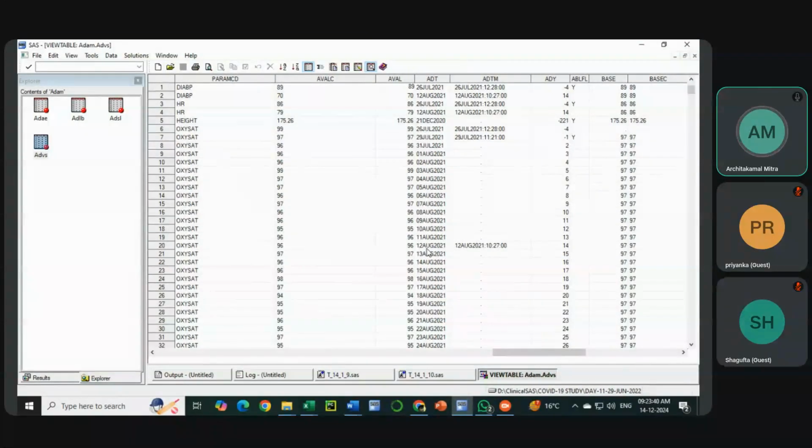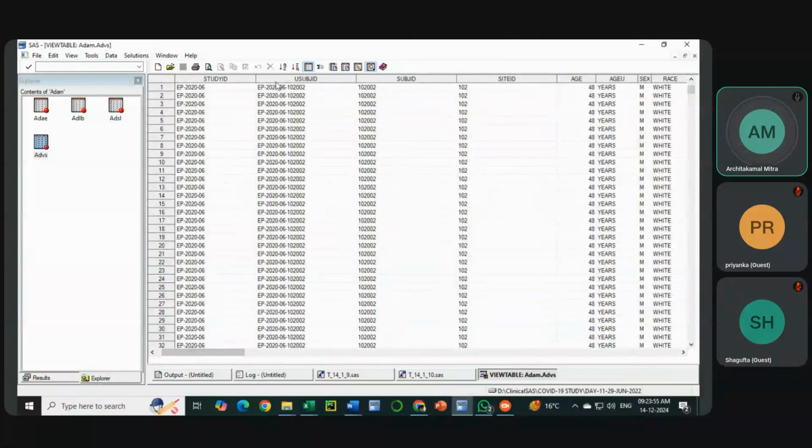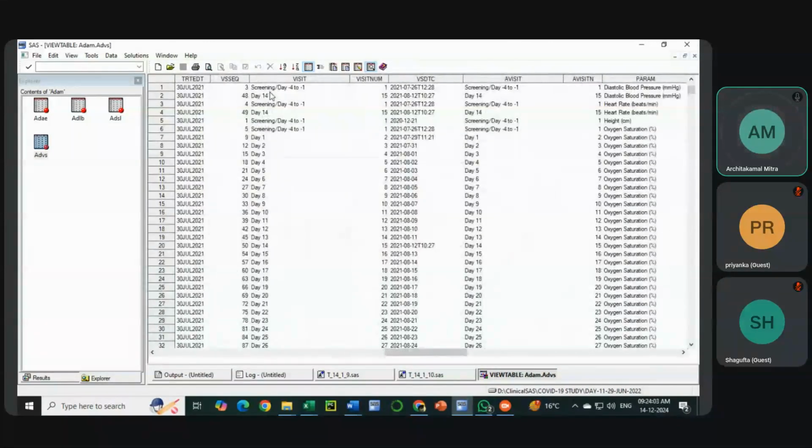See diastolic blood pressure, and this is the heart rate. If you see diastolic blood pressure for this person, 102, 002, let's concentrate on that. If you go to the right, that person has come for 2 visits, screening and day 14.